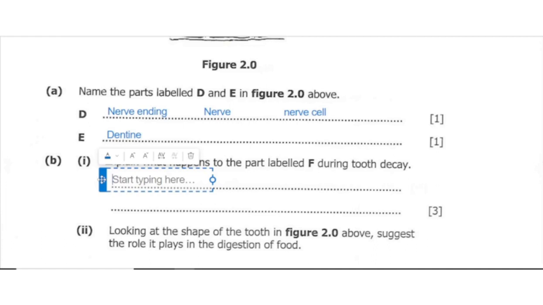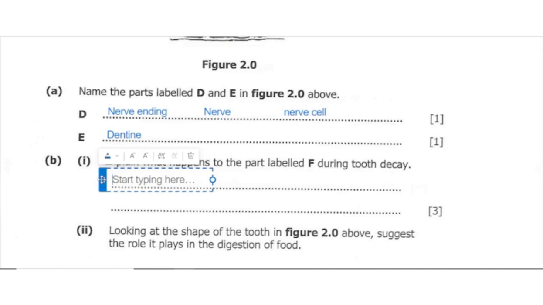There is carbohydrate in the food we are eating, like ugali, sweet potato, rice. Those do contain carbohydrate. So the bacteria will want to feed on those remaining foods in your mouth. Mostly they remain in between the teeth.